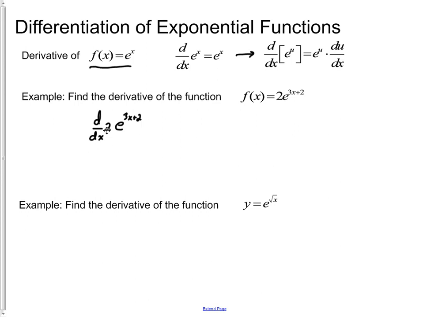First of all, by the constant multiple rule, that factor of 2 can be pulled out, and we're just going to be taking the derivative of e to the 3x plus 2 power. Well, its derivative, by this rule, is going to be equal to 2 times e raised to the 3x plus 2, times the derivative of 3x plus 2.